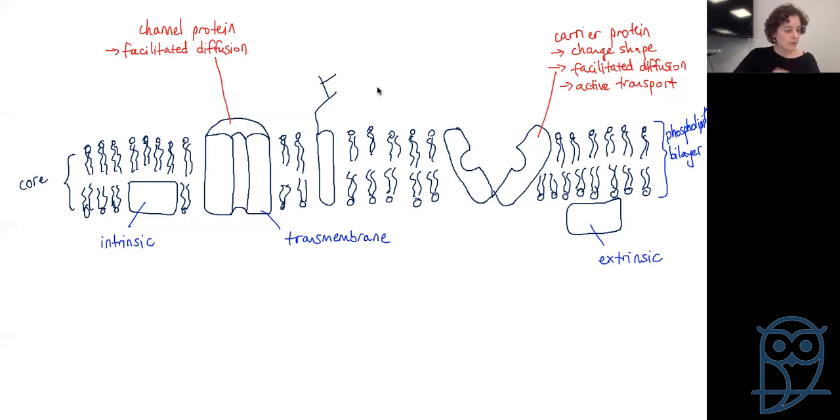Here we are going to have a little bit more fun. We're going to add on a TV aerial to one of our phospholipids, because that then gives it a different name. We have here a glycoprotein. It's a bit dodgy.